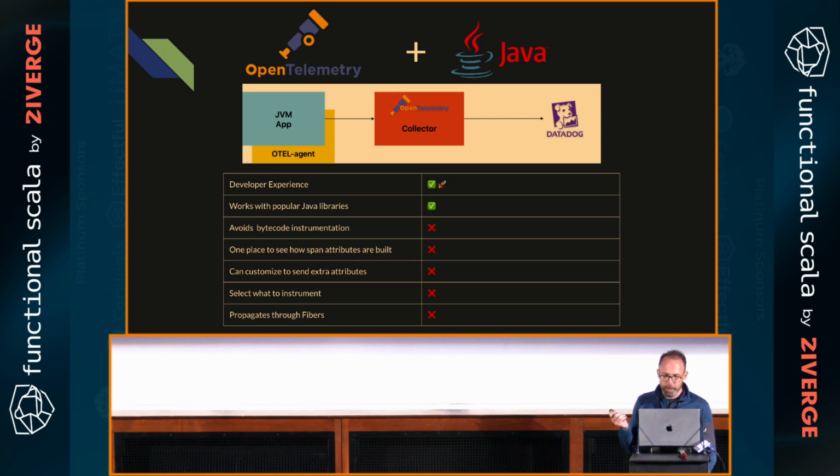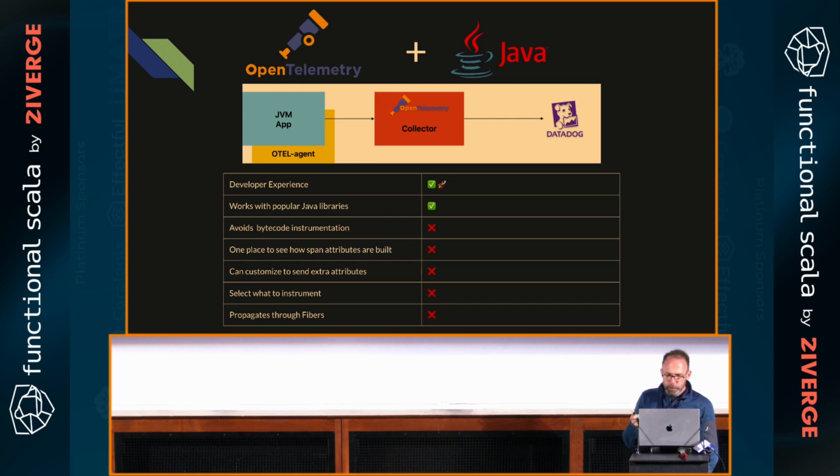But of course, it comes with some negative points, such as that there is bytecode instrumentation, which is not what we appreciate the most as functional developers. Also, if you look into the code of this agent, it's difficult to see exactly which attributes I'm sending when something happens. This is spread throughout the code in the library.